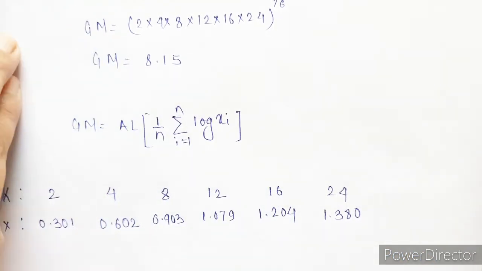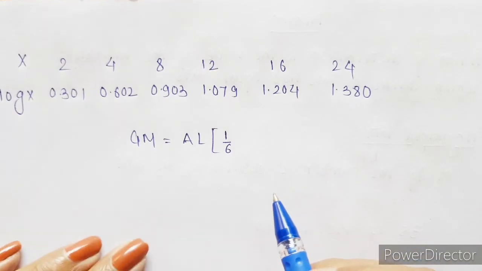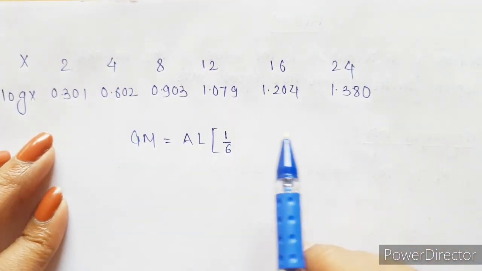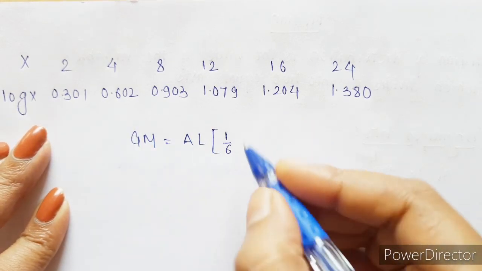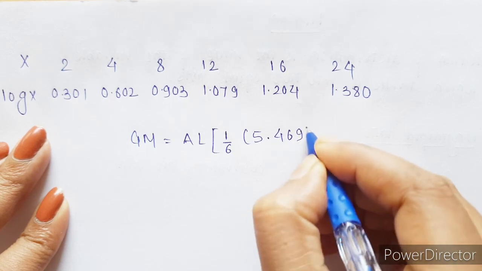Now let me write this formula again. Geometric mean is anti-log of 1 upon 6 summation of all these xi's. So when we are adding all these logs, what we are getting is 5.469.